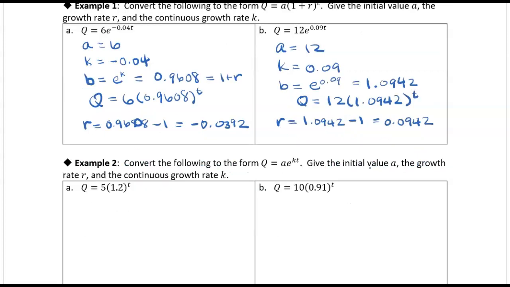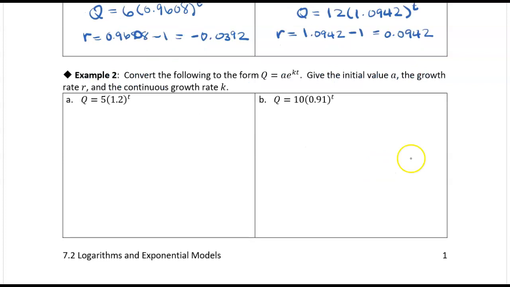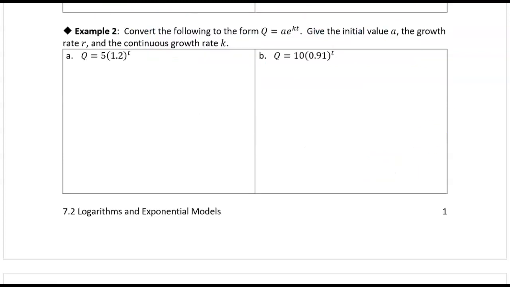Now in the next example, we are just going to go the other way. We're going to take a model that's in the form a times b to the t and convert it to a times e to the kt. We want to convert it, and we also want to find the initial value a, the growth rate r, and the continuous growth rate k.